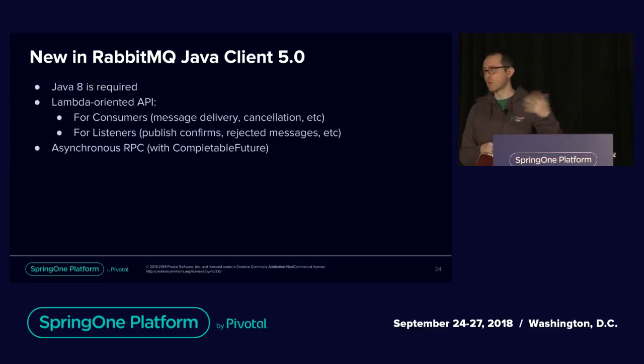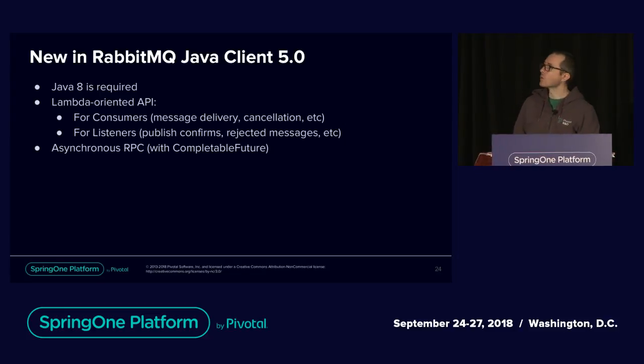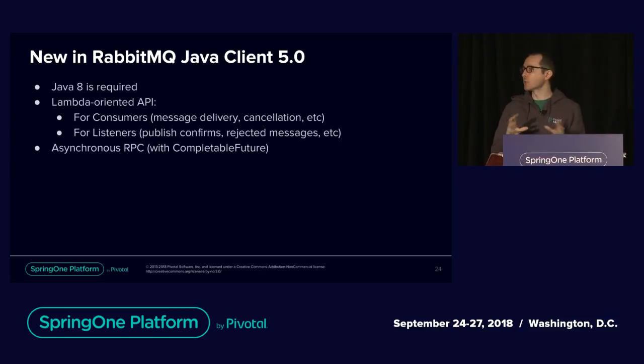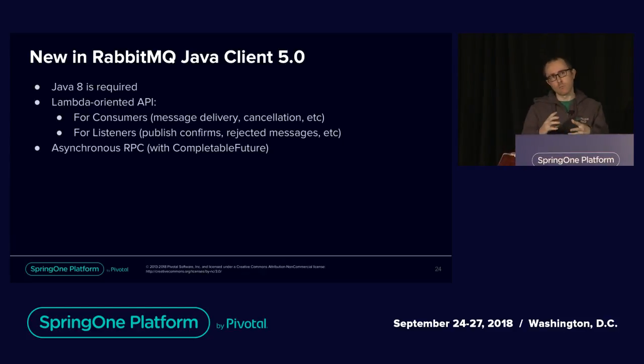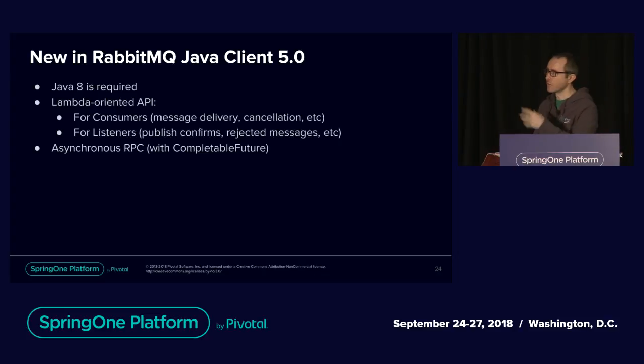You don't always implement all of them, so we have shortcut methods which are Lambda-oriented. And we also added asynchronous RPC. The point here is to have something a bit more reactive, and we are actually building the Reactor extension on top of this asynchronous RPC.